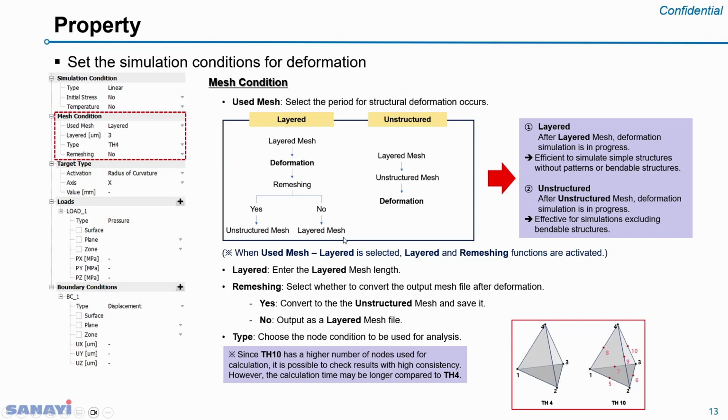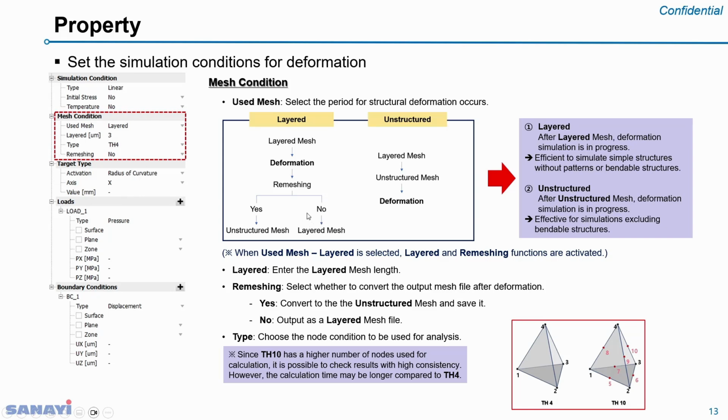As shown in the following figure, if you select layered, deformation is performed as a layered mesh. And then, select the method for mesh file output through remeshing. In case of yes, it is converted to an unstructured mesh file.